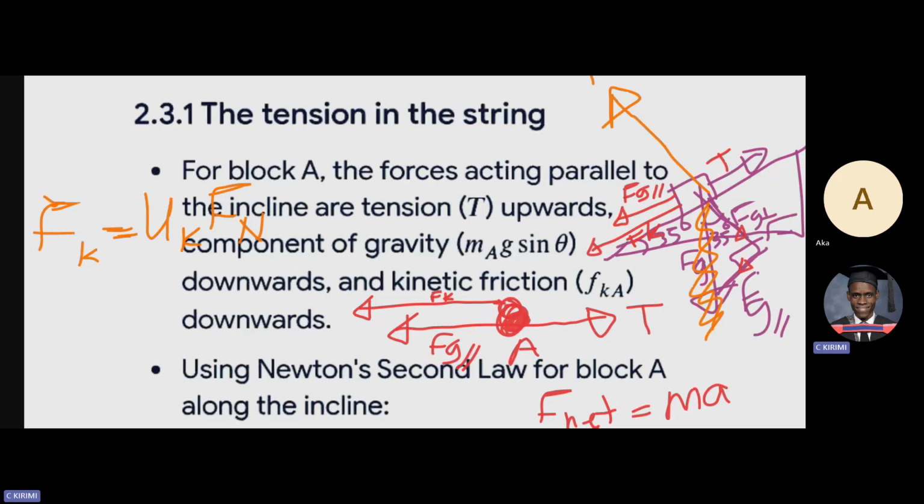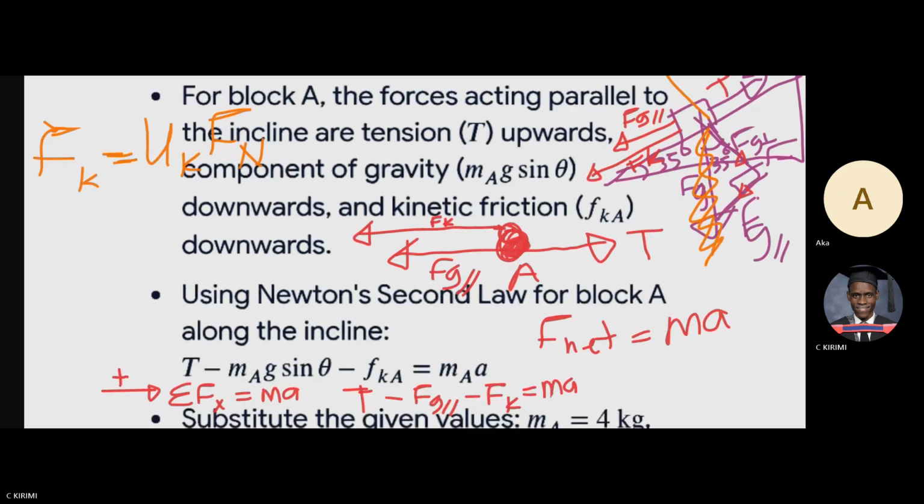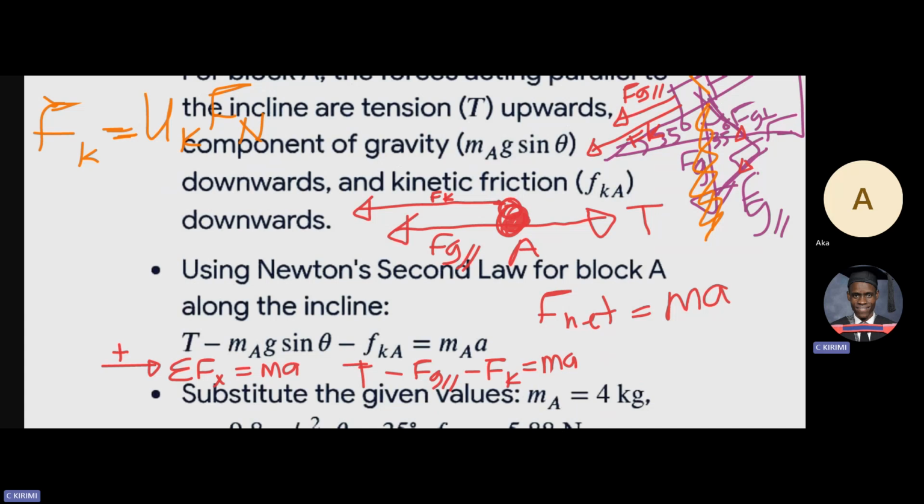The magnitude of Fg is not going to help us. What is going to help us are the X and Y components of the force of gravity. So ask if there is a problem, then I will clarify.